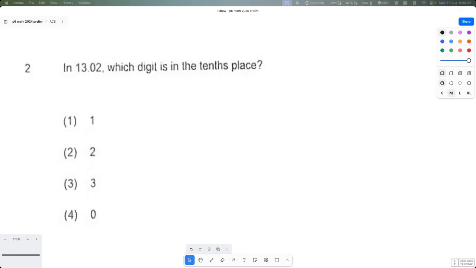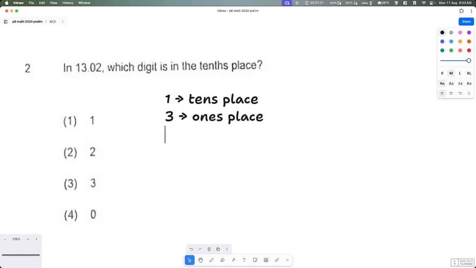Question number 2. In 13.02, which digit is in the tenths place? So in this case, 0 is in the tenths place, not the 1. 3 is in the ones place, and people might think 1 is in the tenths place, but another common error is saying "oneths place."